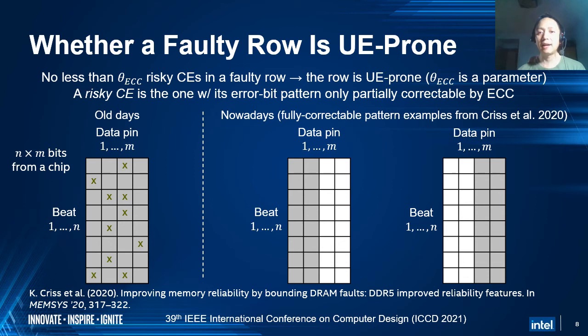Here we show two examples of fully correctable patterns from a publicly available source. If the error bits are contained in the left half or the right half of the data pins, then the pattern is fully correctable. The same error cannot match any of the fully correctable patterns. Therefore, it is regarded as a risky CE.